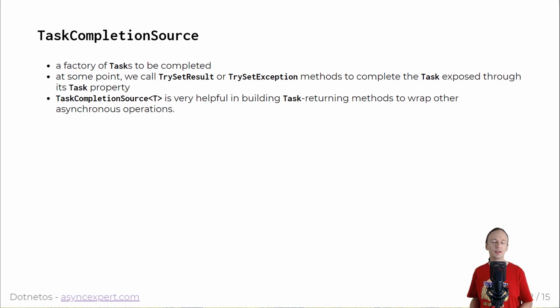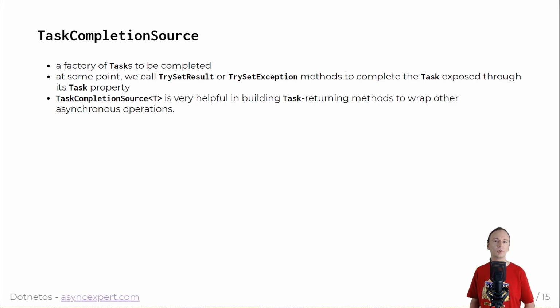So on one hand, you have a TaskCompletionSource and it has a Task property, so it can be returned to the caller, so it can be awaited, you can call .Result on it, you can do whatever you want with the task itself, and this task represents an operation that is controlled by the TaskCompletionSource. On the other hand, probably from a different thread, you will be interested in changing the state of this exposed task with the help of those methods.